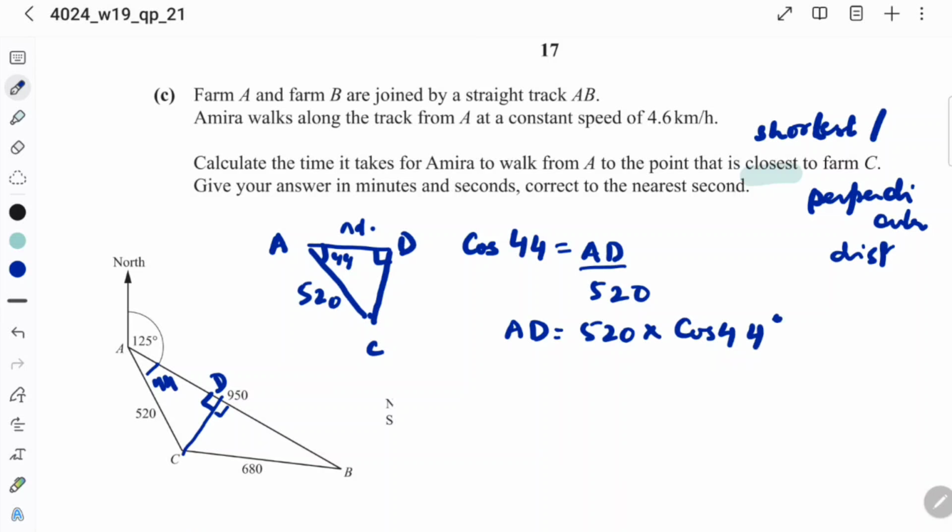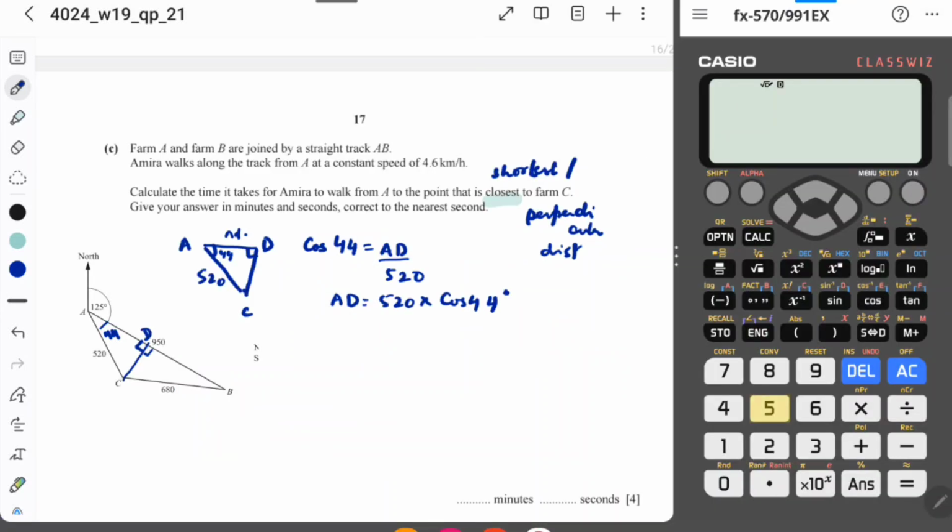520 cos of 44 degrees is equal to 374.057.